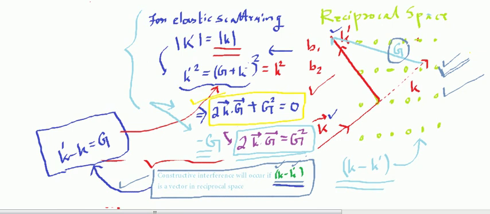It is just geometry in reciprocal space. So now my work is to prove that 2d sine theta equals n lambda, Bragg's law, is the same as this particular law that we are studying here. So let us see.